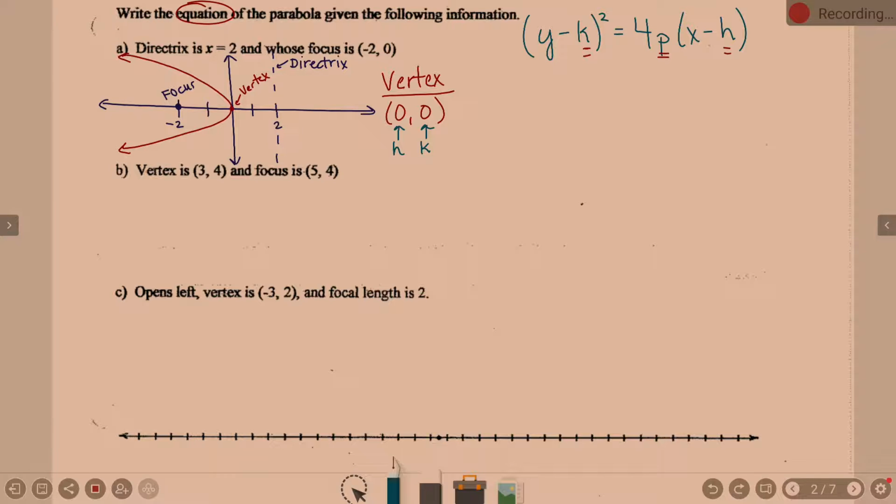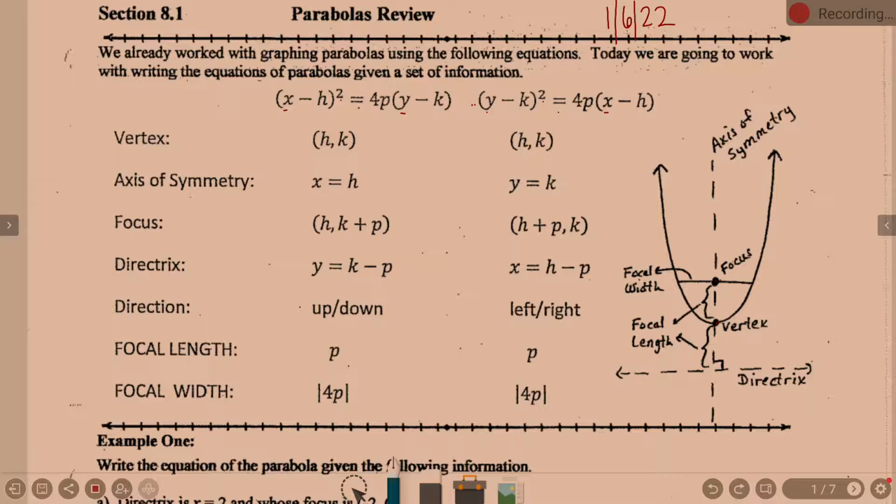Now, the other piece we have to know is we have to be able to find P. Thoughts on how to find P? Actually, technically, I would argue we could just find P by looking at the graph. But I'm going to show you another way as well. I'm going to jump back pages for a moment.